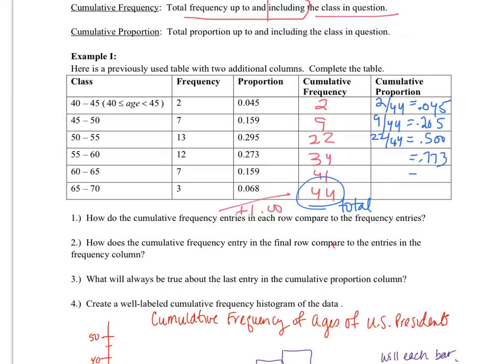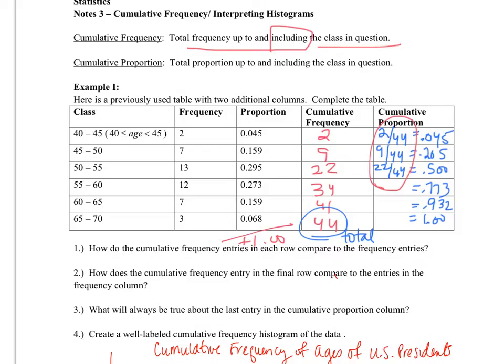And as you can see, as we get to the very end, these add up to equal 1.00. Now, if you were to use the rounded decimals in the proportion chart, this might be off by a little bit, which is why I would recommend figuring out your cumulative proportion the way that I did over here, using our cumulative frequency divided by the total.